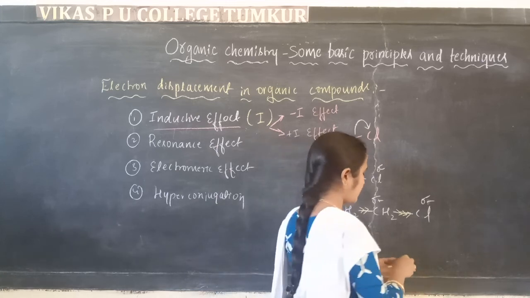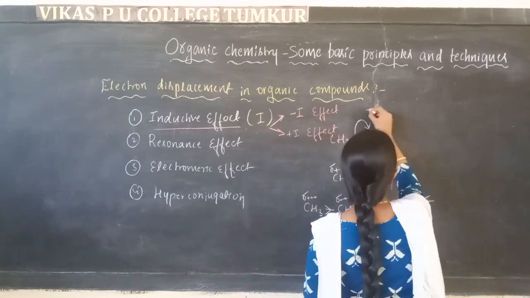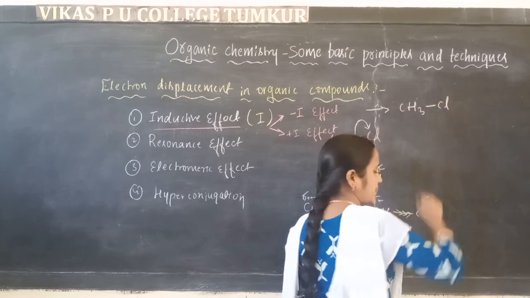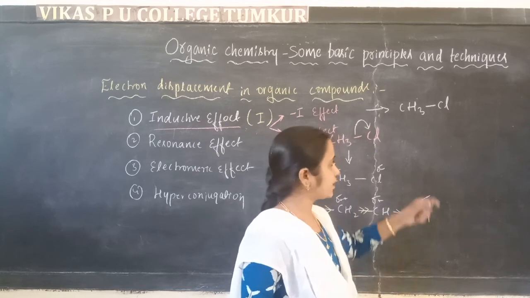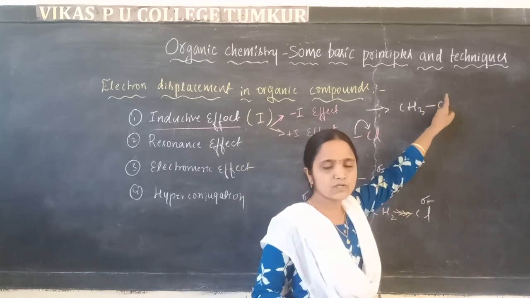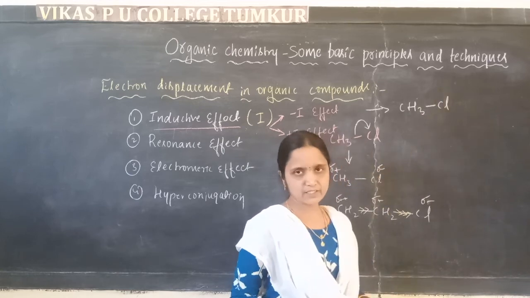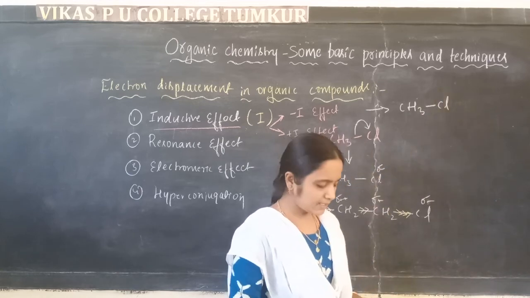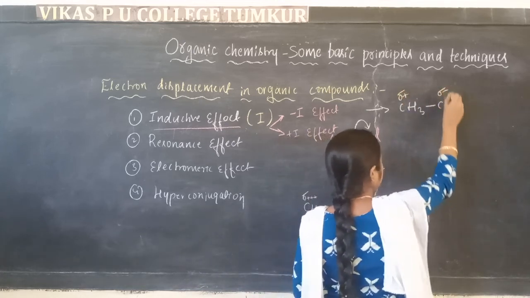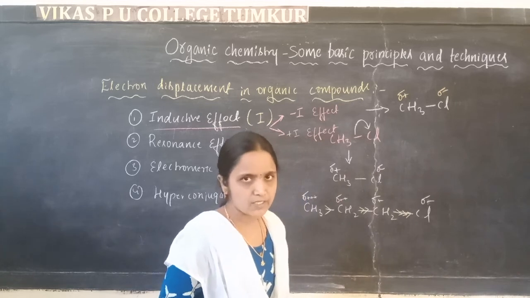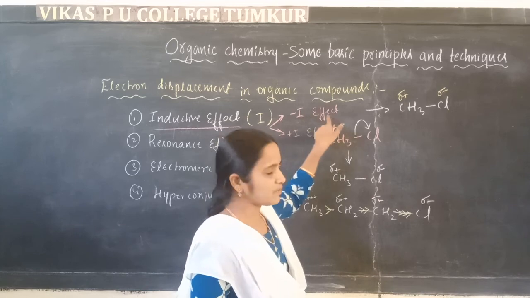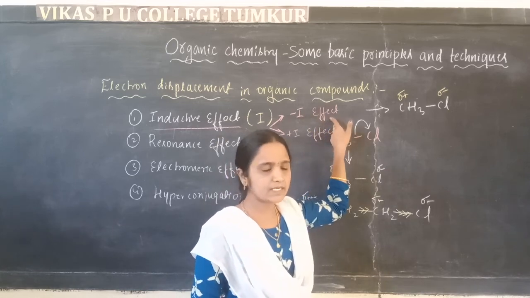If you take the example CH3Cl, here this chlorine atom is more electronegative than the hydrogen. At that time the shared pair of electrons is going to shift towards the chlorine. At that time this carbon gets the partial positive charge, and chlorine gets the partial negative charge. This type of effect is called a negative inductive effect.